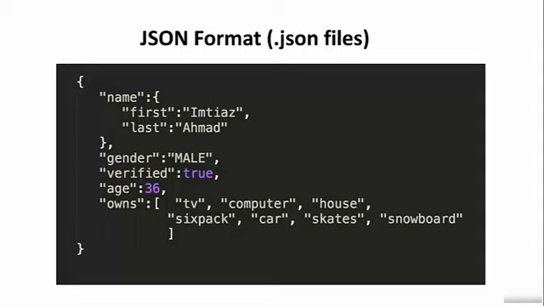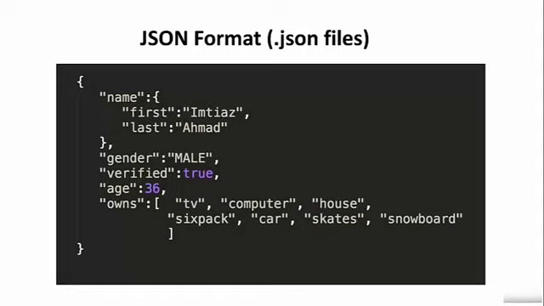And then outside of name we have gender, then we have the verified, it could mean anything, my age, and then as well as the owns field. I can own TV, I have a computer, a house, a six-pack is something that I wish I had, so I just added that there, but I don't. A car, skates, and snowboard.